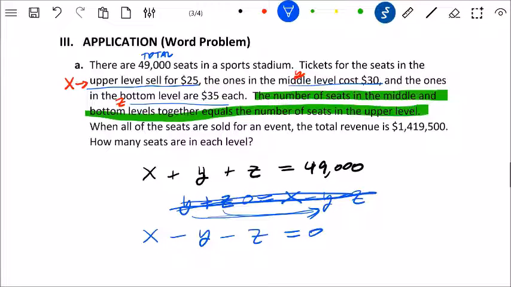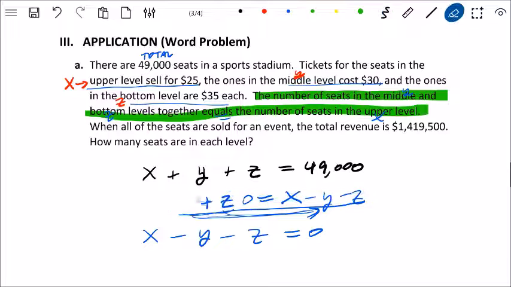And so we no longer need that. That was just work to get us to this. The whole key was that Y plus Z equals the number of seats in the upper, X. That's where we got that.